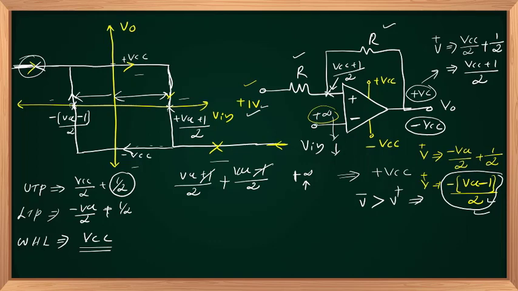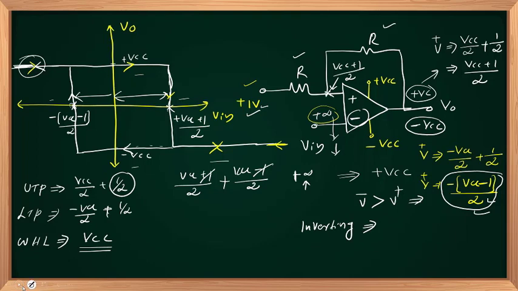Okay. So in both cases our switch trigger was inverting type, because I have applied my input at the inverting input terminal of the op-amp. So both cases we'll call it an inverting type switch trigger circuit, right?